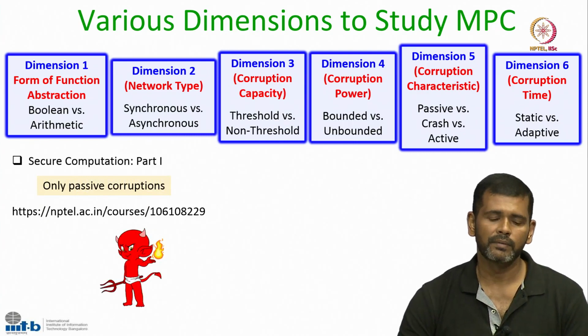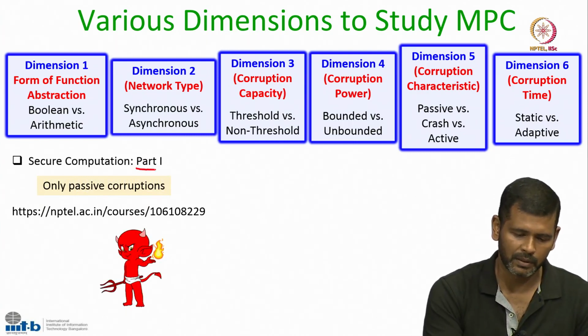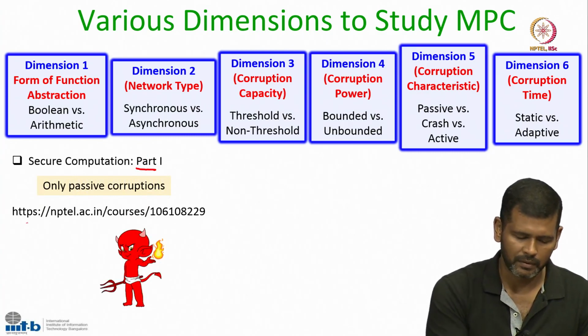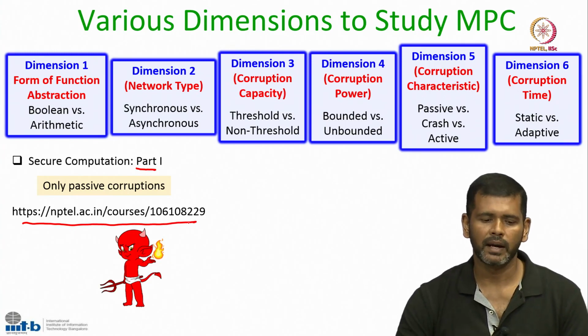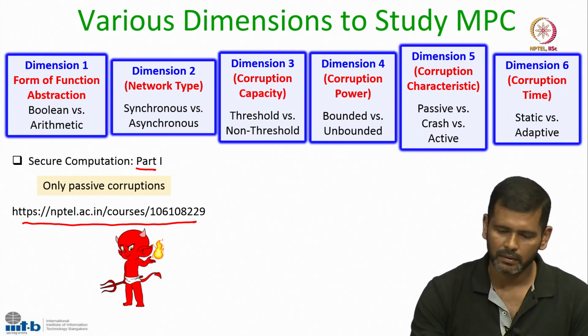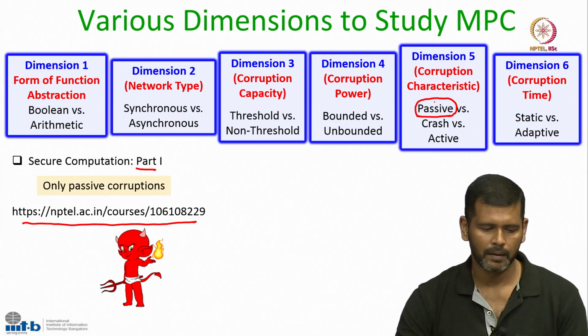So, I had already offered a course titled Secure Computation Part 1, which is available here, and in that course we had discussed only passive corruptions or semi-honest corruptions, which are also called the honest but curious setting.